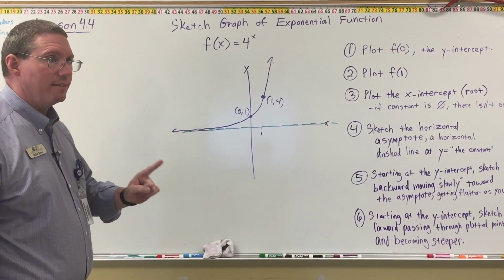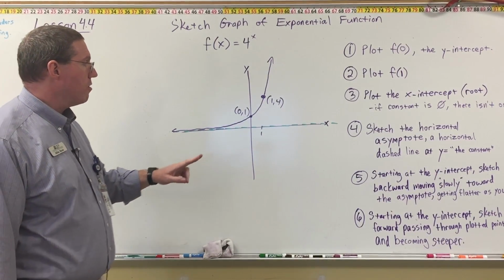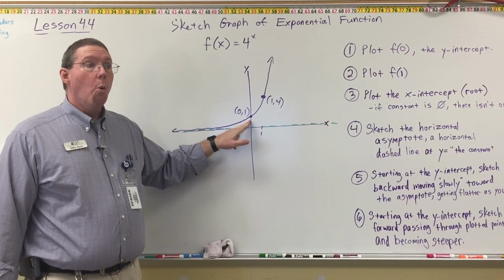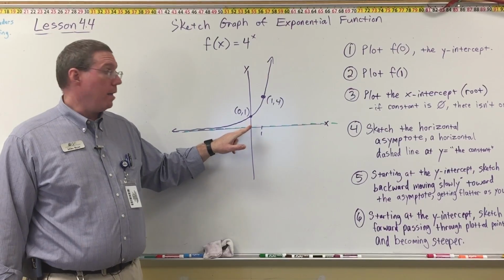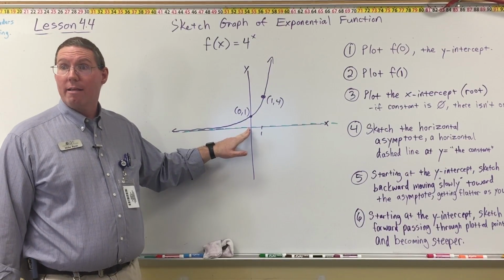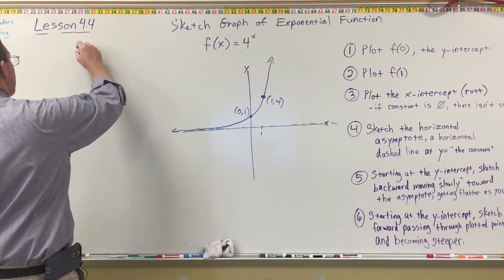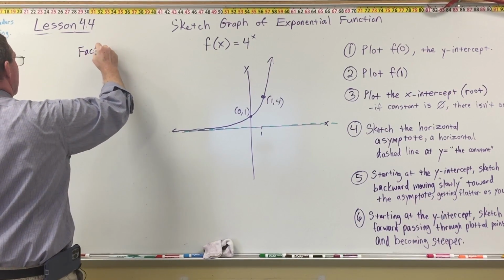The first fact is this: the y-intercept is always 1 unit away from the horizontal asymptote. So make that a note. Just a couple facts about exponentials.